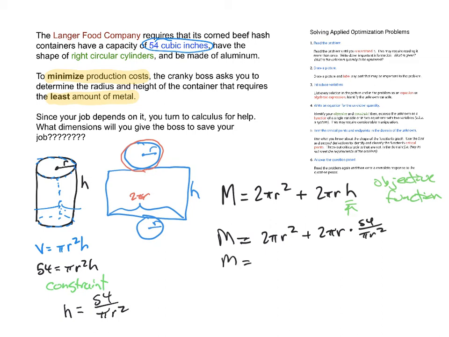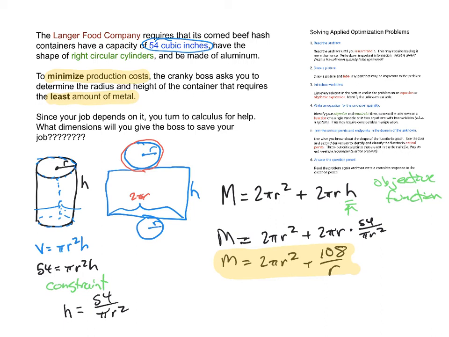And with a little bit of simplifying, I end up with 2 pi r squared plus 108 over r. 2 pi r squared plus 108 over r. That's my objective function. That's the thing that we're trying to get to so that we can actually do calculus. I'm just going to highlight it here because I'm going to need to start a new blank slide where we can finish this thing off.